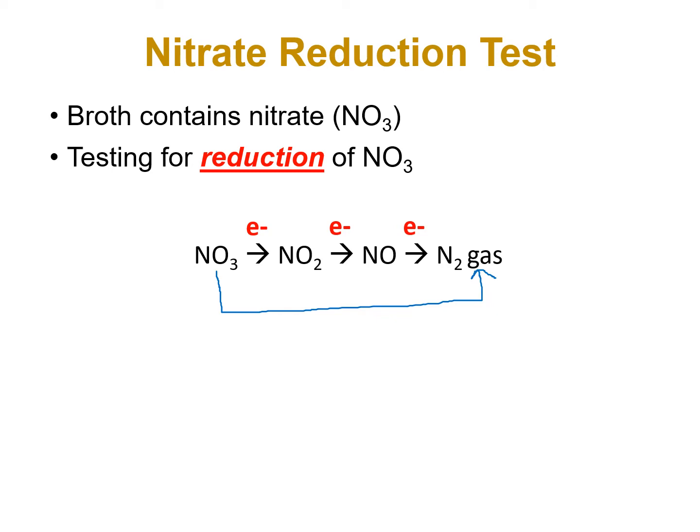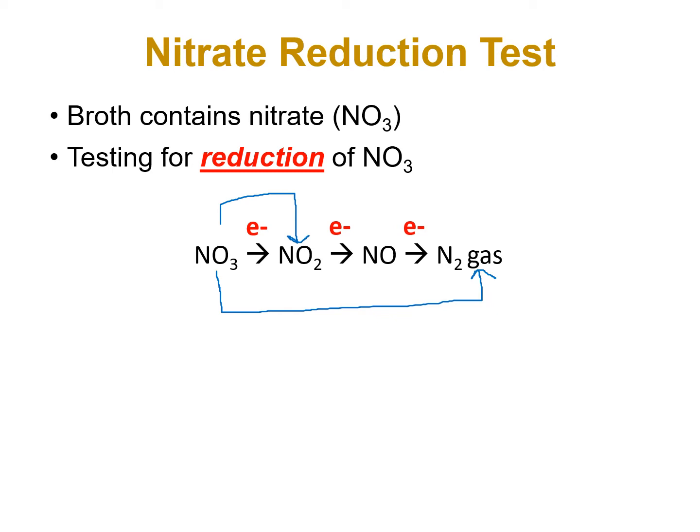But then sometimes the nitrate is just going to get reduced to nitrite, and that's it. As I said, it just depends on the bacteria strain. If nitrate only goes to nitrite, we usually call this a partial reduction.